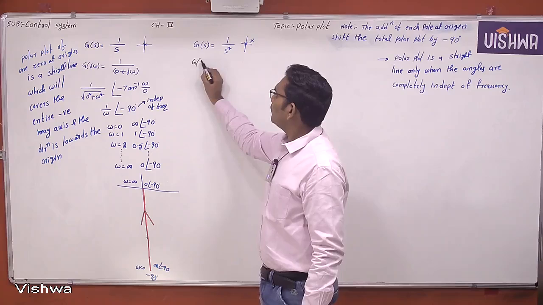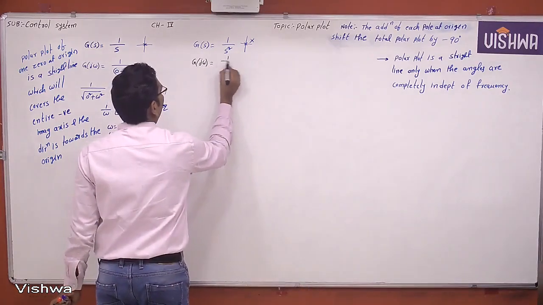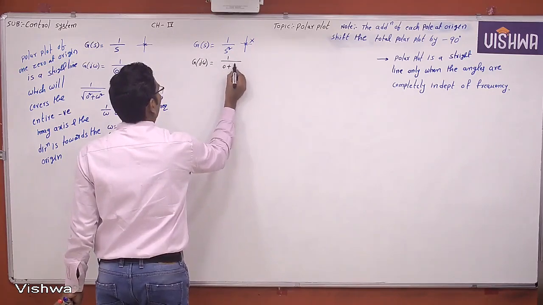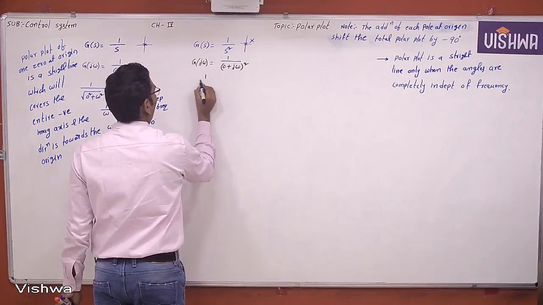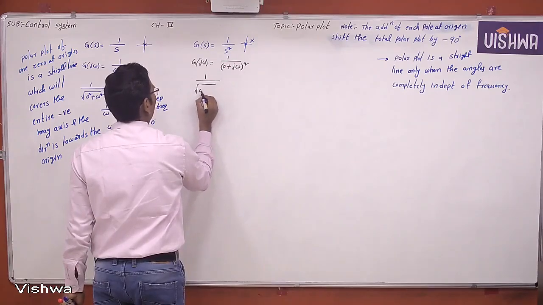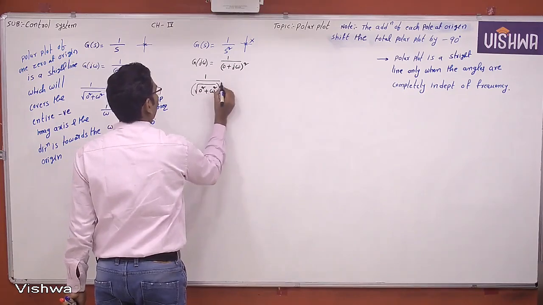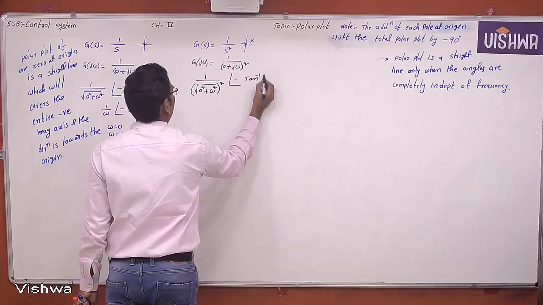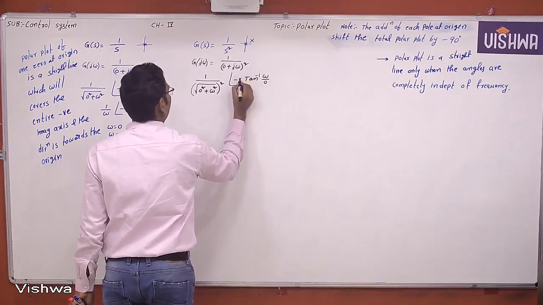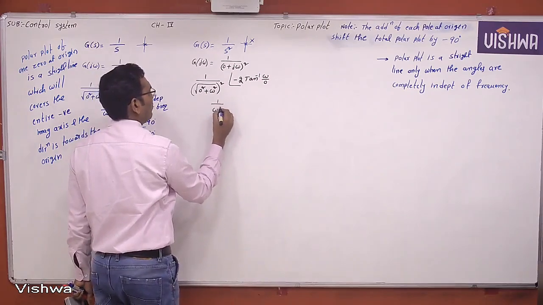G of j omega is 1 divided by 0 plus j omega whole square. Magnitude is 1 by omega square.